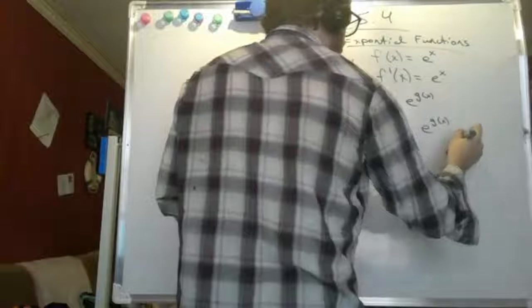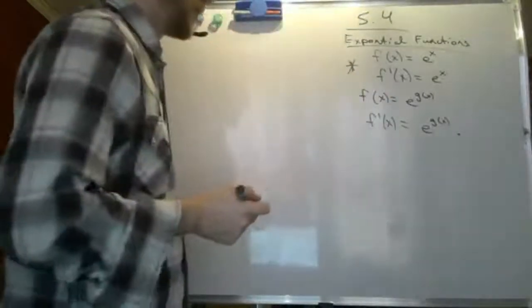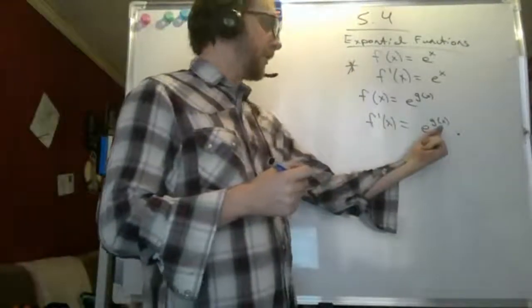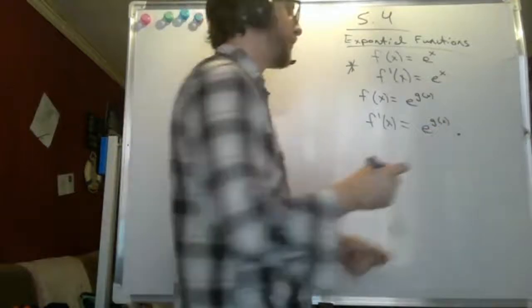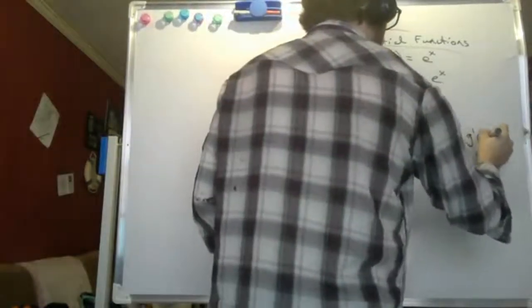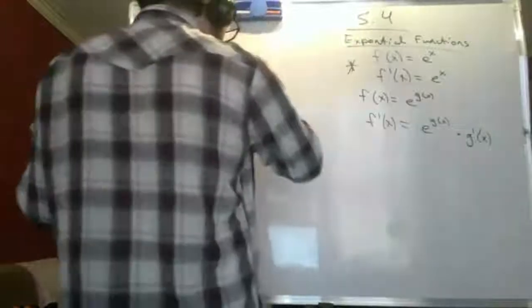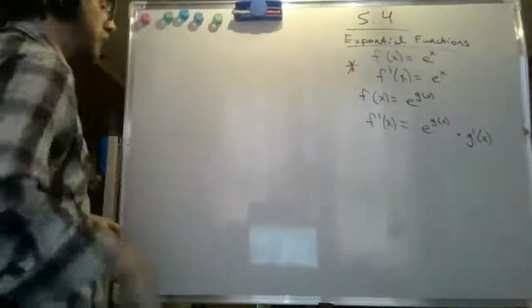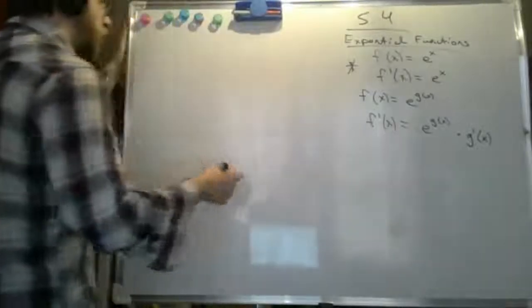But then, by the chain rule, we have to multiply it by the derivative of the inside part. The inside part is g of x, so the derivative is g prime of x. So your final answer in this case is going to be e to the g of x times g prime of x.